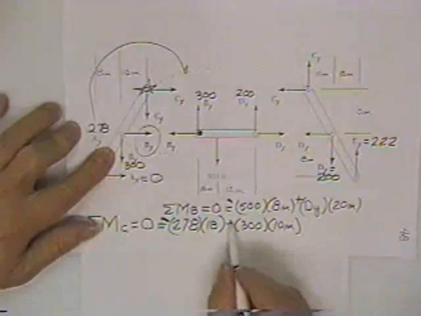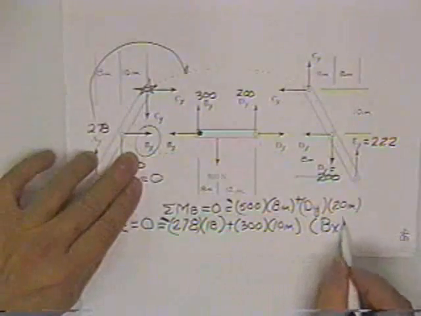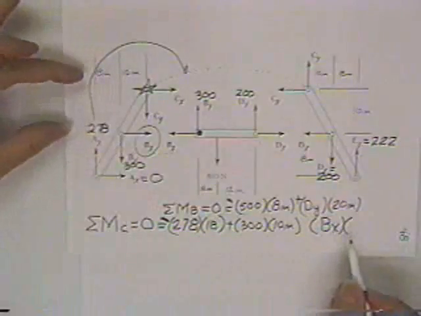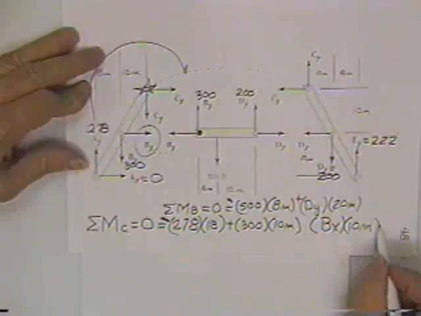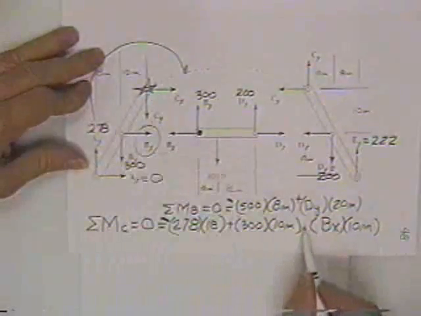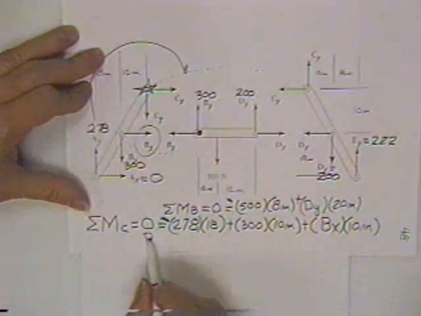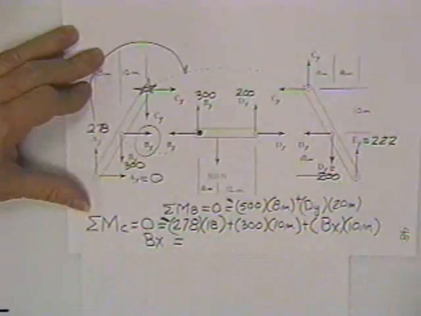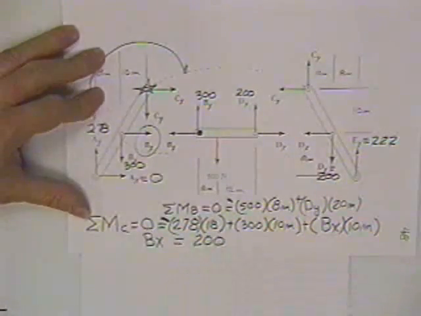He has a tendency to roll in the positive direction. Finally, I see Bx. He has, here it is over here, a 10 meter moment arm. And he has a positive tendency to roll. And when I solve for Bx, I get how much? 200. Now, is that 200 a plus number or a minus number? Plus. Comes out a plus.